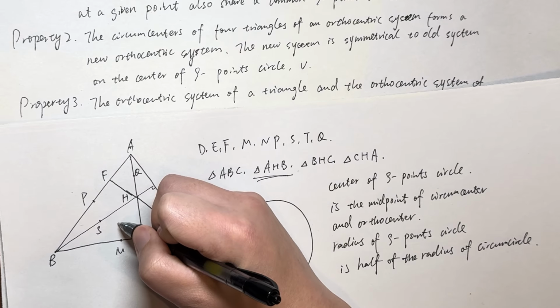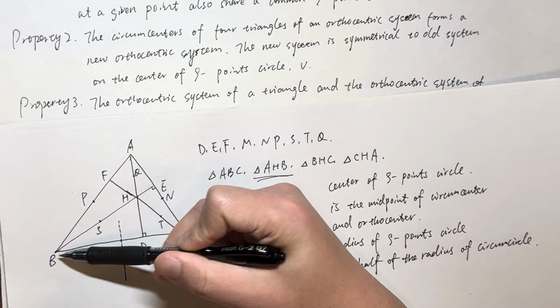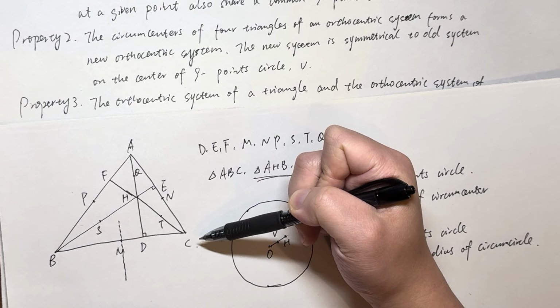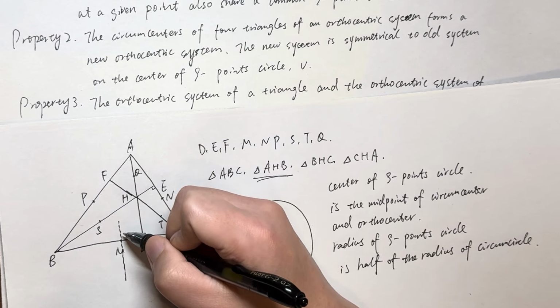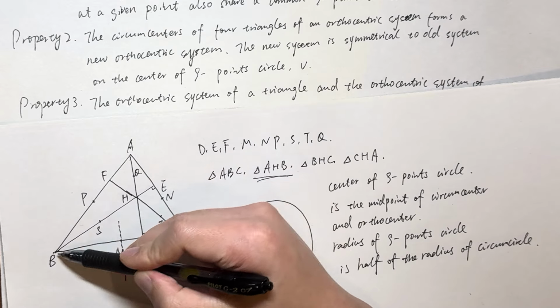Which can be found by, I find the perpendicular bisector of segment BC here, and we find the perpendicular bisector of the segment BH.